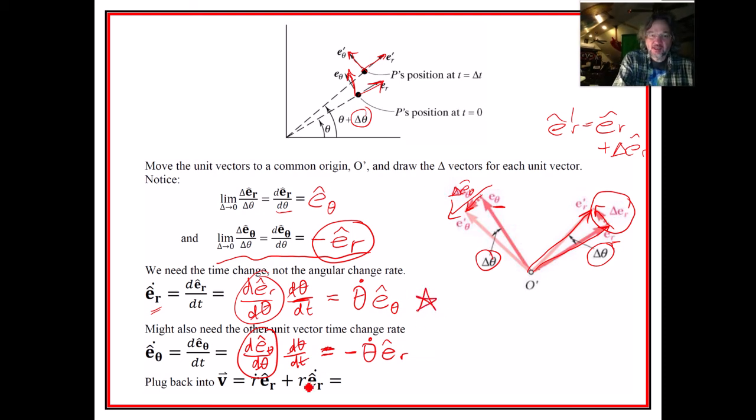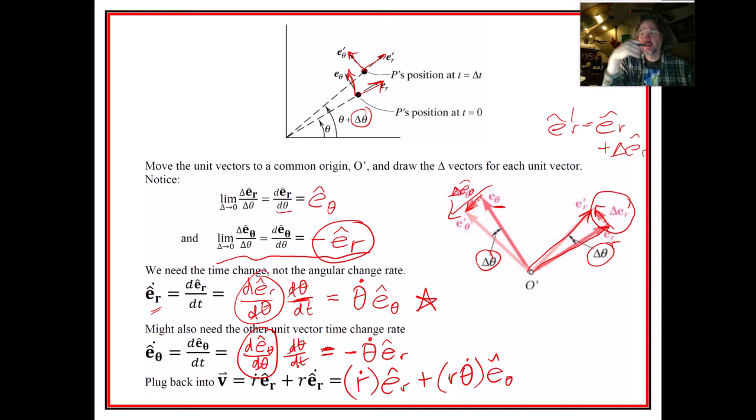But for this one right here, we fix what was on the previous page, and we just say r dot e_r plus r theta dot e_theta. So we have two components of velocity.